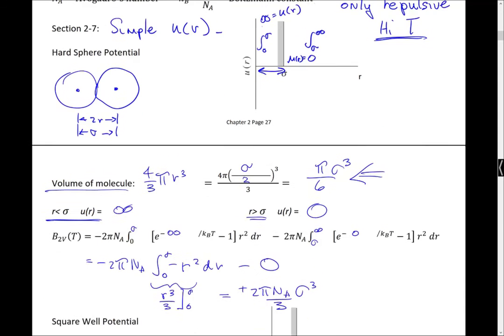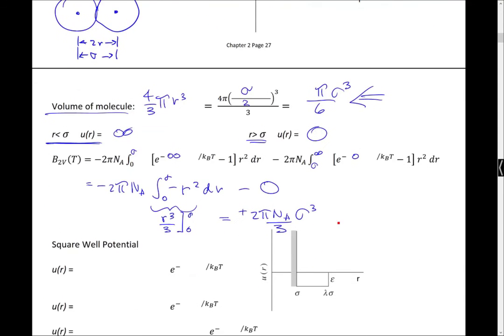All right, so where we left last time, basically we found that our expression for the second virial coefficient was given by 2 pi N_A sigma cubed over 3.